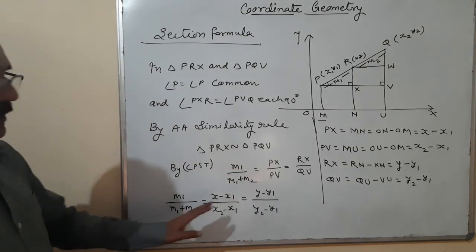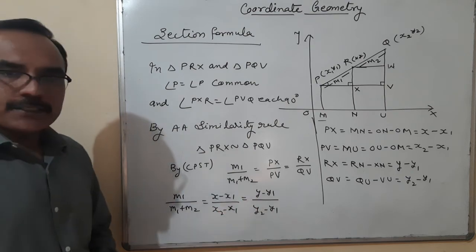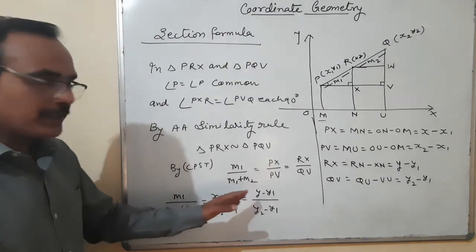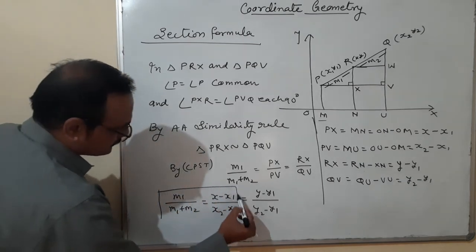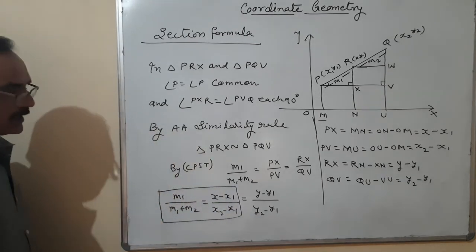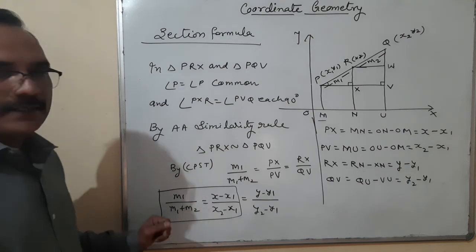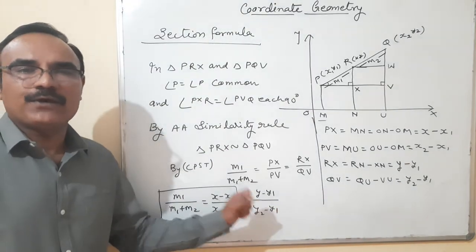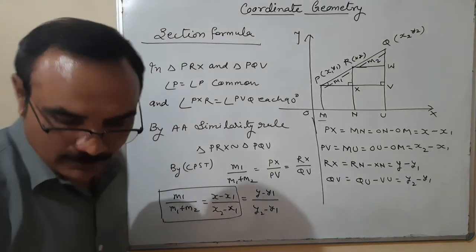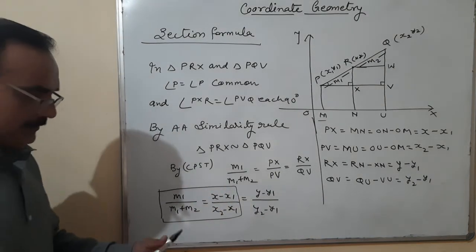Got it? In this equation, there are three terms, 1, 2 and 3. Now I am taking the first and second, cross multiplying and finding the value of x. After that, I will take the first and third, cross multiply and find the value of y. First and second.